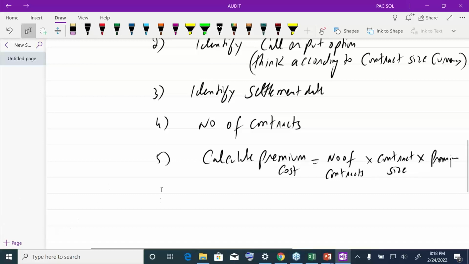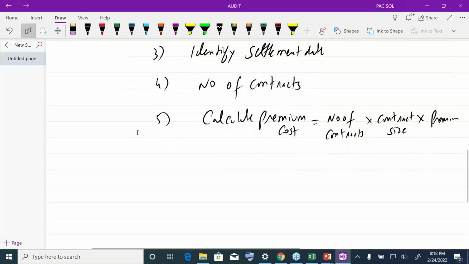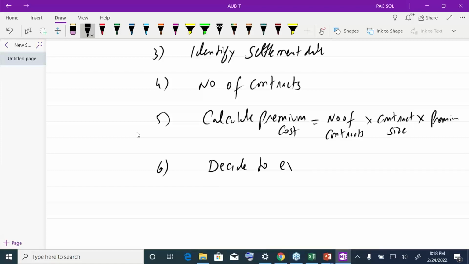Number of contracts. And then you will decide whether to exercise the option and calculate the expected receipt or payment.